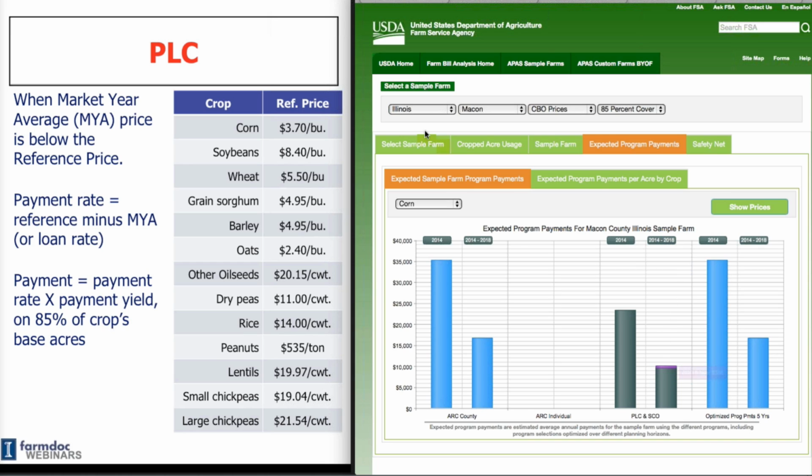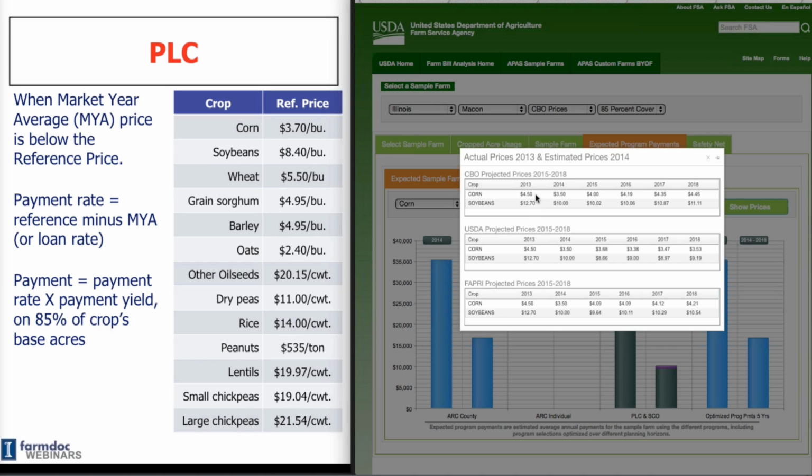The big thing here, though, is these are all driven by what you expect prices to be, and we have 3 sets of prices here: CBO prices, USDA projected prices, and FAPRI prices. For our purposes, CBO prices are higher than all the others, 435 in 2017, for example.